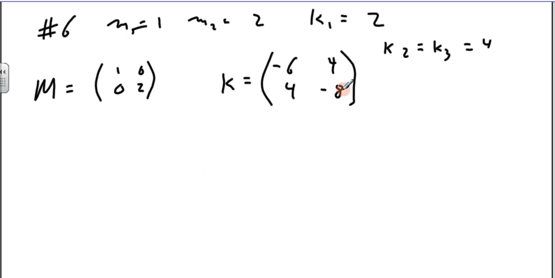Okay, and I need an A. So I need an M inverse. So 1, 0, 0, 2, dividing line 1, 0, 0, 1.